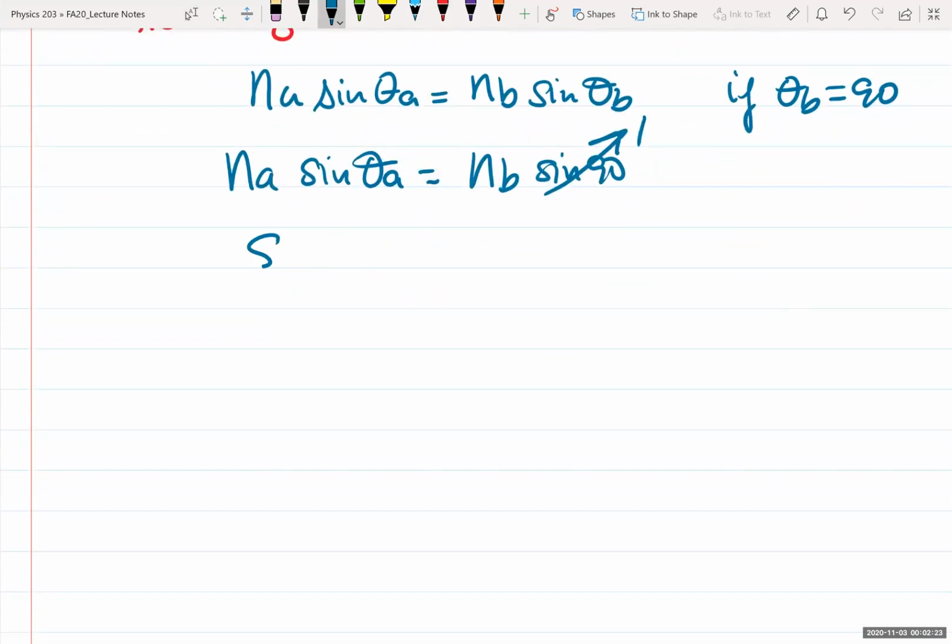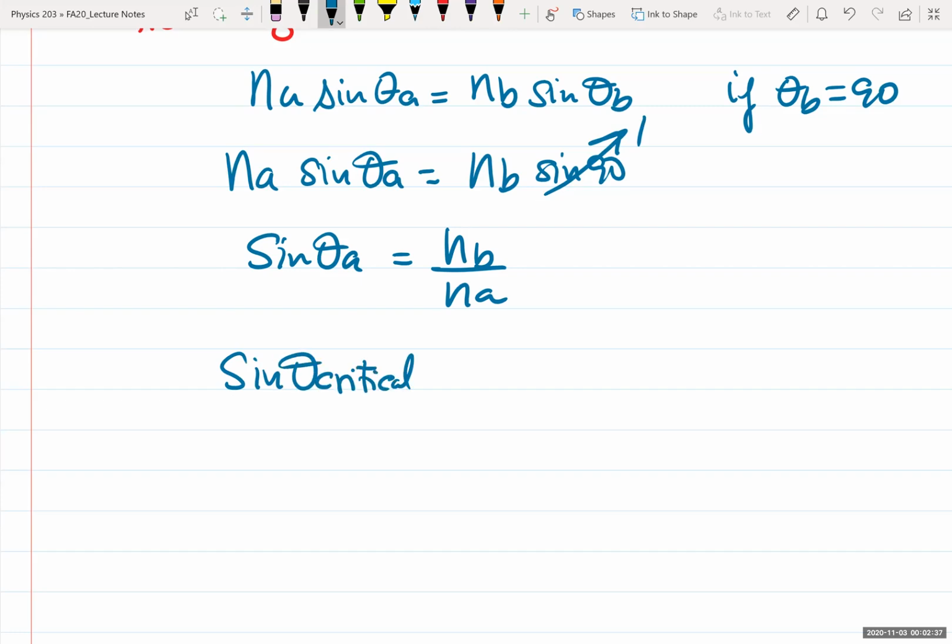And from there, sine of theta A will be equal to N sub B over N sub A. And this is the sine of our critical angle.